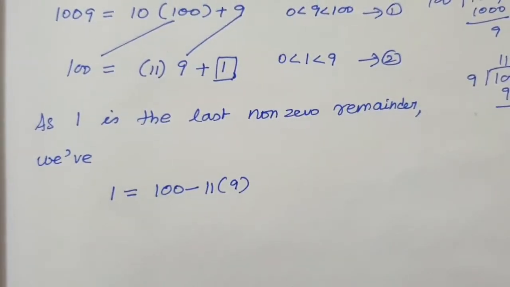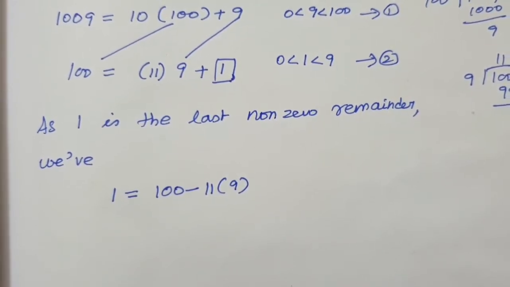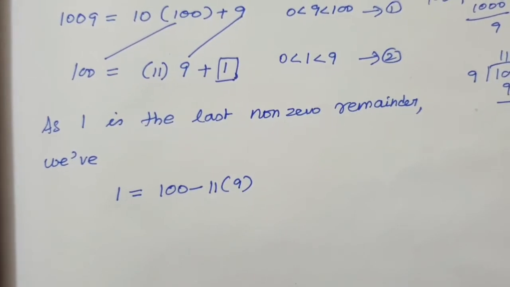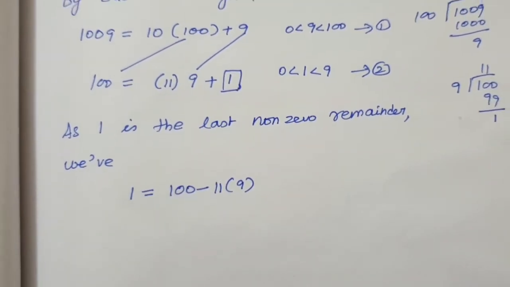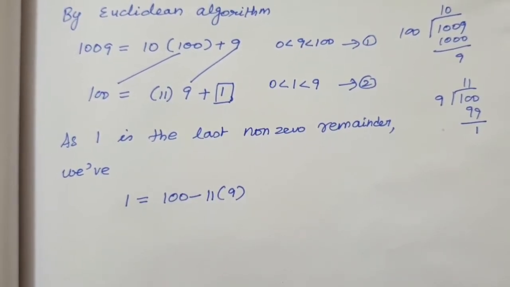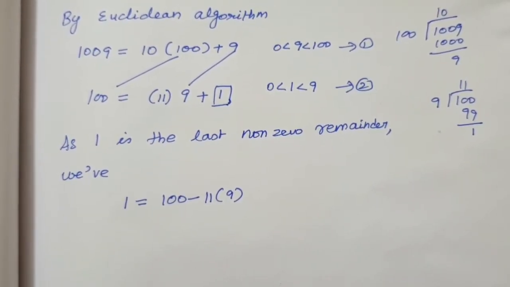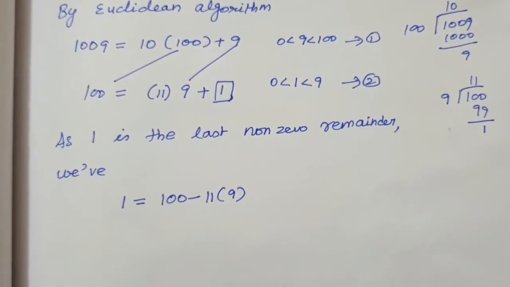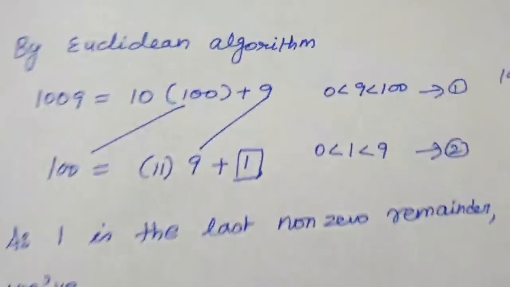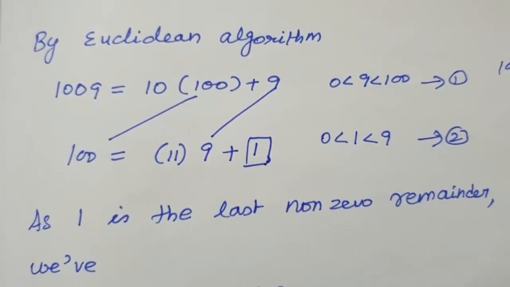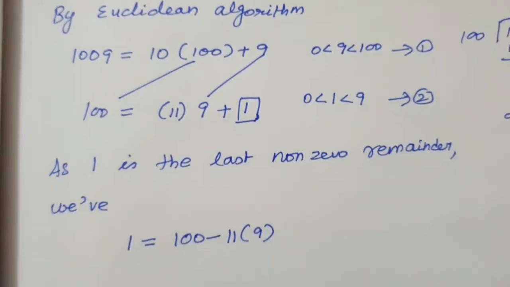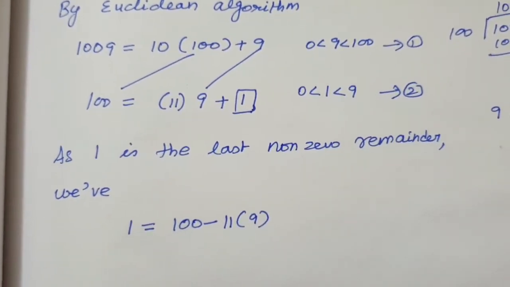When we reach the remainder 1, we stop the Euclidean algorithm. As 1 is the last non-zero remainder, from equation 2 we have 1 equal to 100 minus 11 times 9.